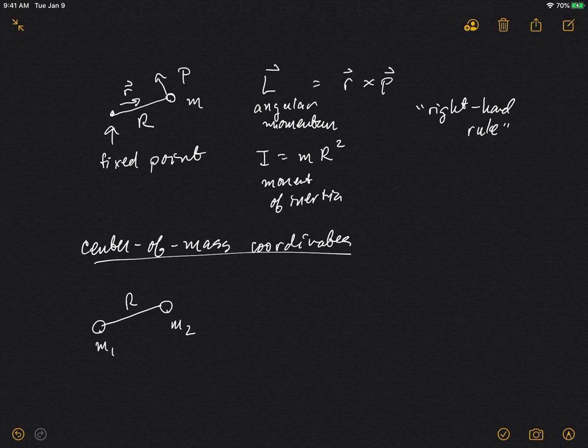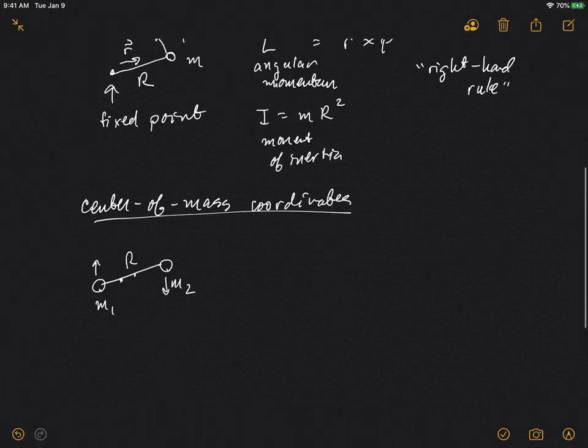That, of course, can be calculated in a straightforward way. But you would have rotation about the center of mass, which is maybe let's say here, or if M1 equals M2, it would be right in the midline, and you would have this kind of rotational motion about that center of mass.